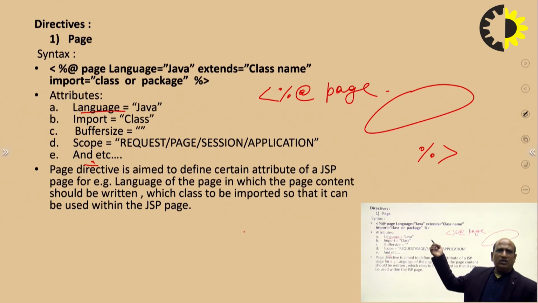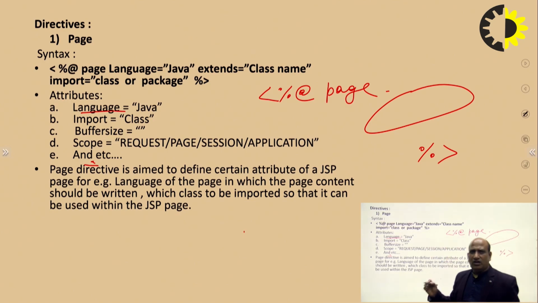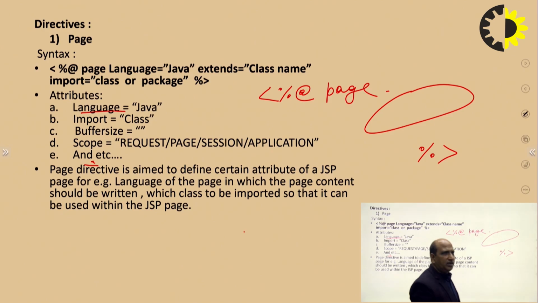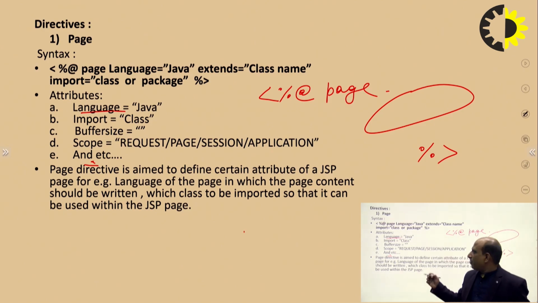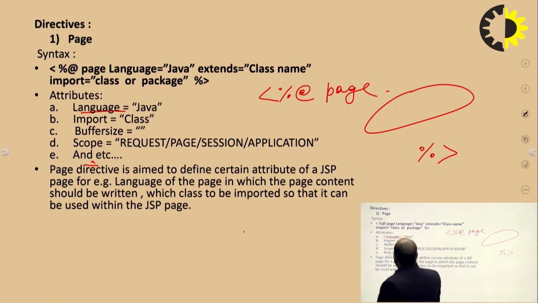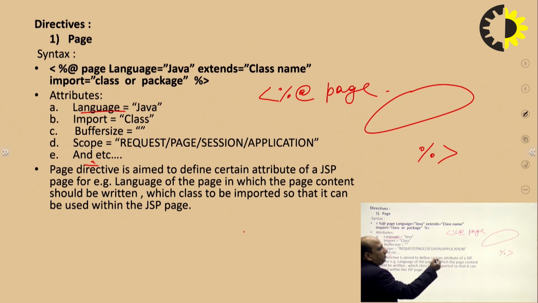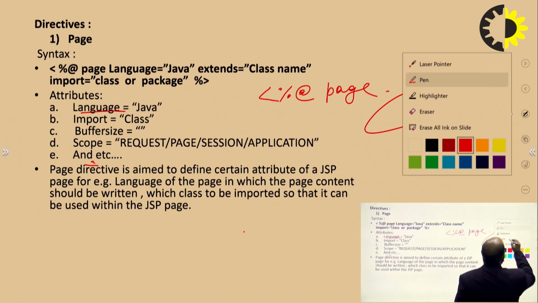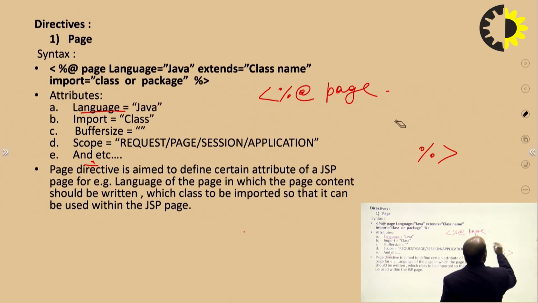Since we know that browser things are not case sensitive, you can use capitals also, but it is suggested that you write language in small letters. It is just a recommendation, not mandatory. So for language you can write language equals to.